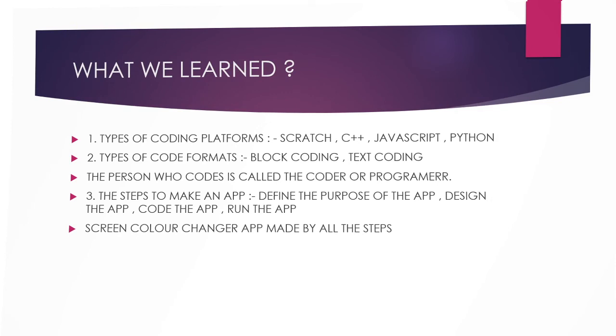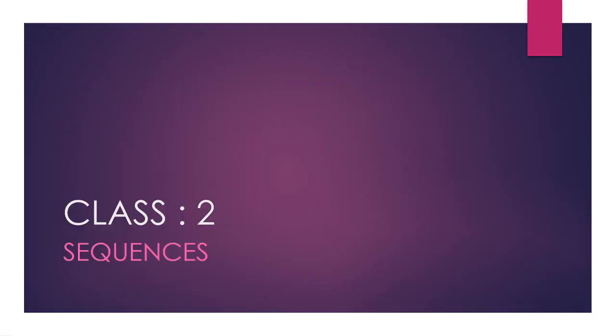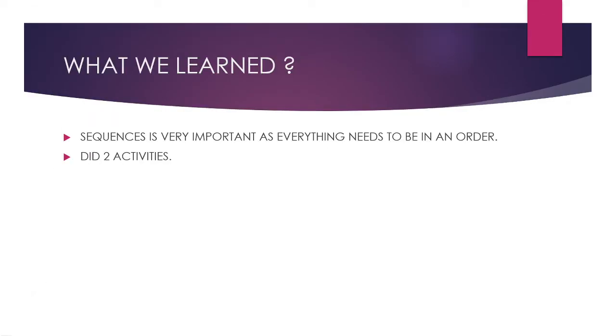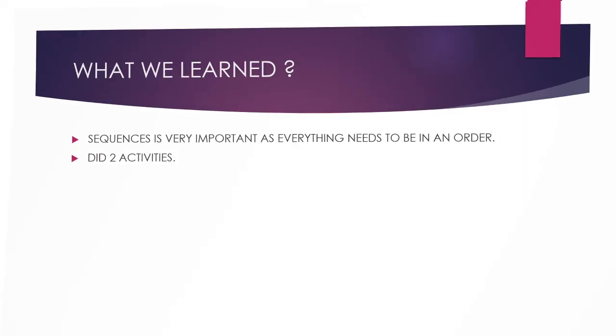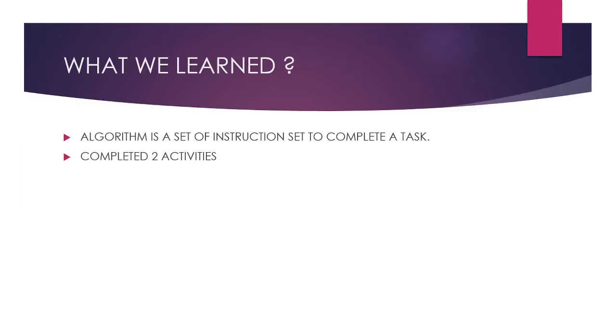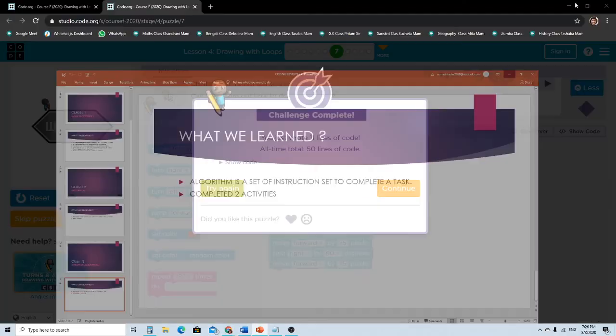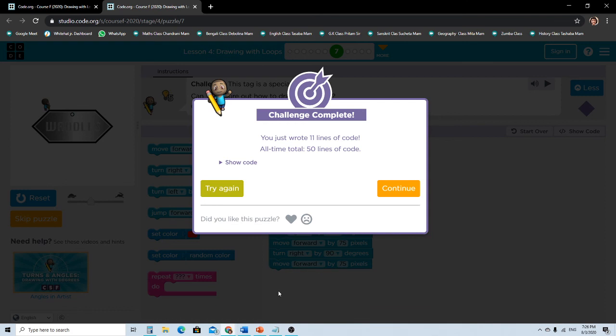I hope I don't have to revise this. This is the last class, sequences. Sequences is very important as everything needs to be in an order. Algorithm. Algorithm is a set of instructions to complete a task, completed 2 activities. Okay, so now we have completed everything.